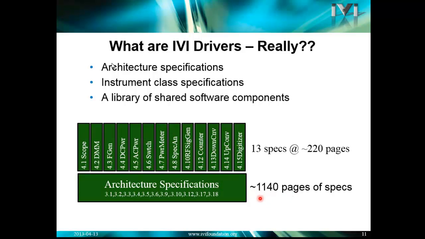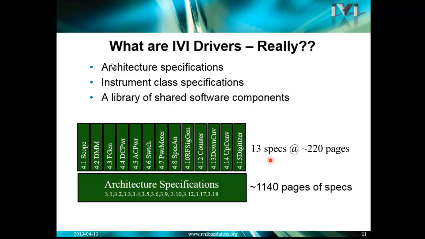And so there's about a little over 1,000 pages of specification there, which are fairly significant. This number is actually a couple years old. This may have grown by a little bit. But there's a distinct set of specifications, which is more important than the page count, that really talks about the behaviors of specific instruments. And so these are the specifications that begin with a 4 dot, and they describe standard interfaces for common classes of instruments.